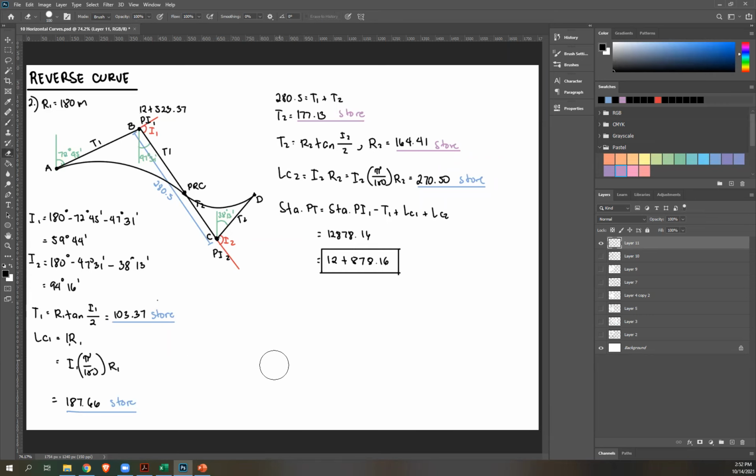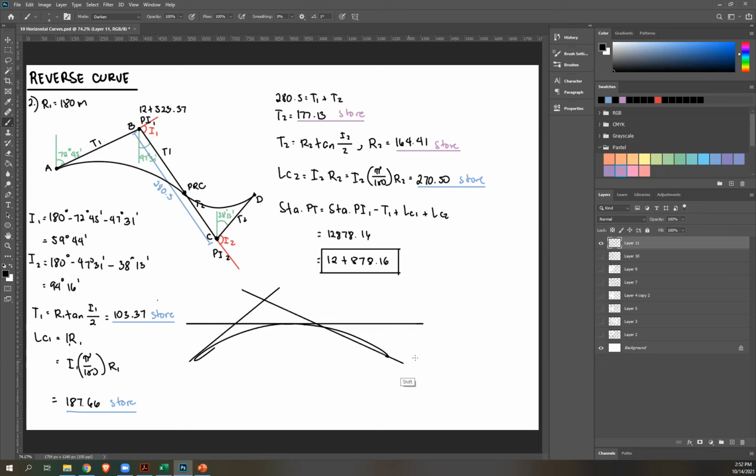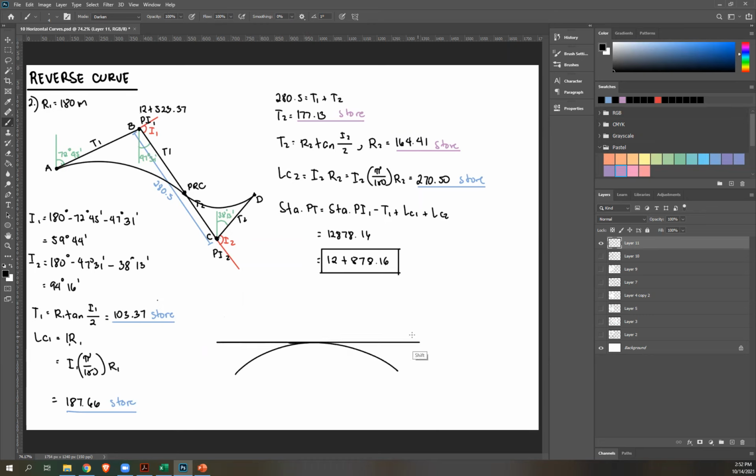Now if you have compound curves, you'll see that at some point, let's make that smaller. Okay, this is PCC. So this is your first curve, second curve.